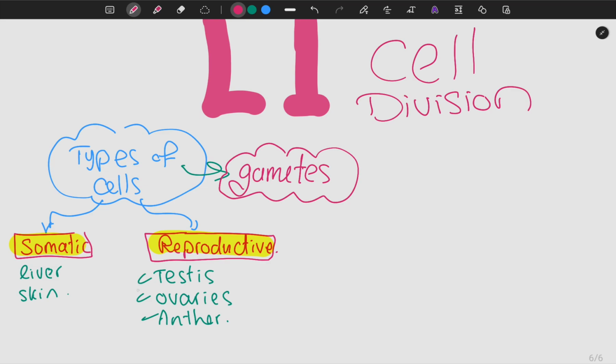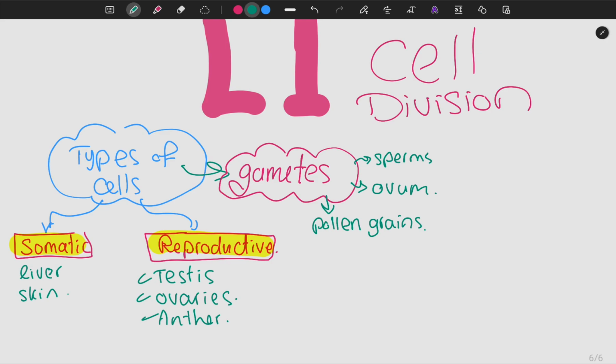By using the testes we produce sperms, so sperms are gametes. By using the ovaries we produce ovum, so ovum are gametes. By using anthers, plants produce pollen grains, so pollen grains are gametes.